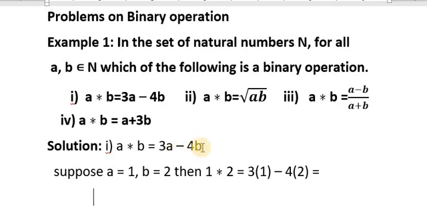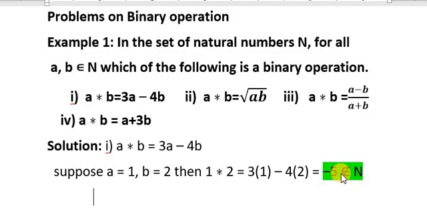In the place of a and b, just substitute a value equal to 1 and b value equal to 2. So we get 3 into 1 is 3, minus 4 twos are 8. So 3 minus 8 is minus 5.